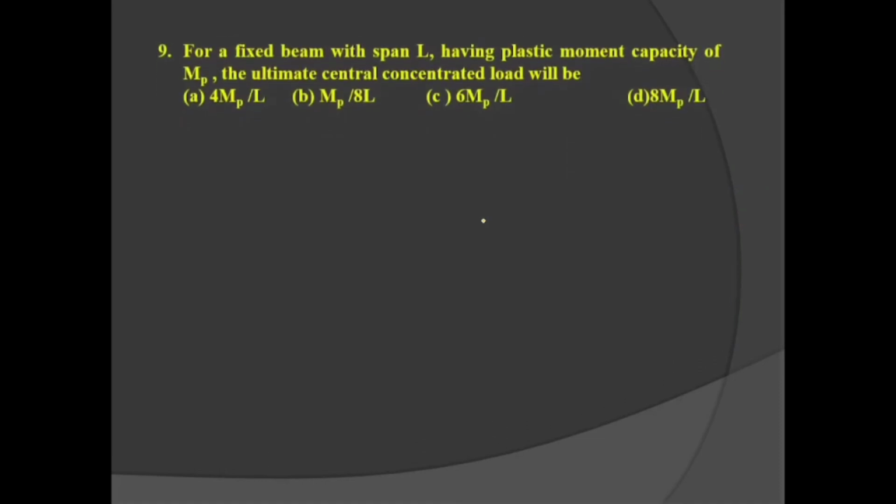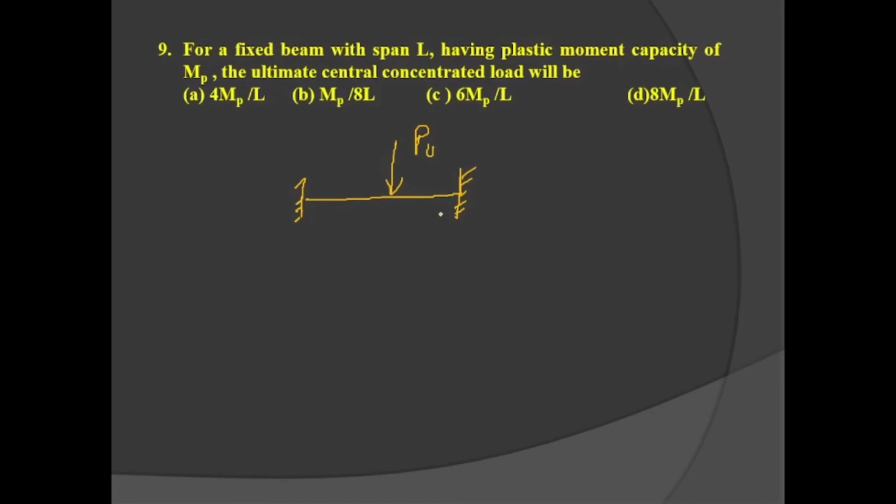Now question number 9. For a fixed beam with span L having plastic moment capacity MP, we have to calculate the ultimate central concentrated load PU. This type of question we had discussed.